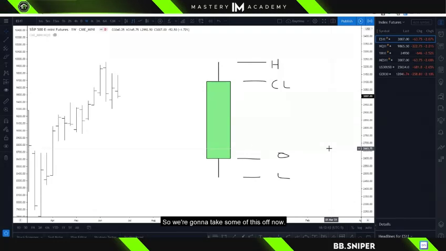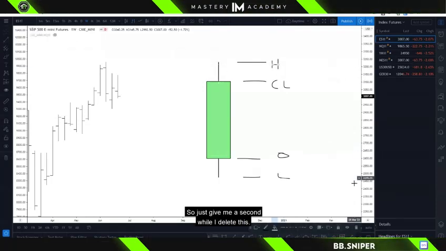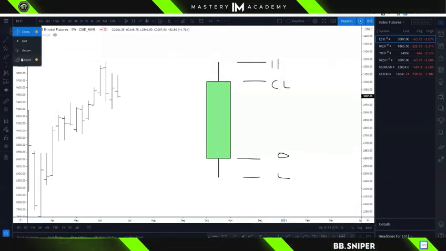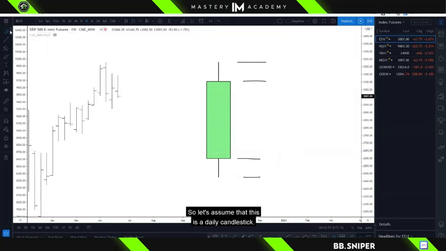Okay, so we're going to take some of this off now. So just give me a second while I delete this. Okay, so let's assume that this is a daily candlestick. All right, it could be a Wednesday or Thursday, who cares?